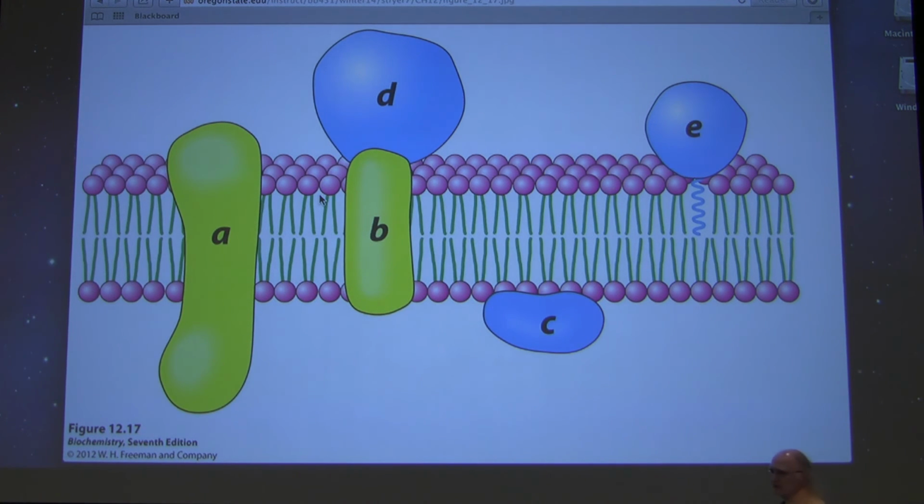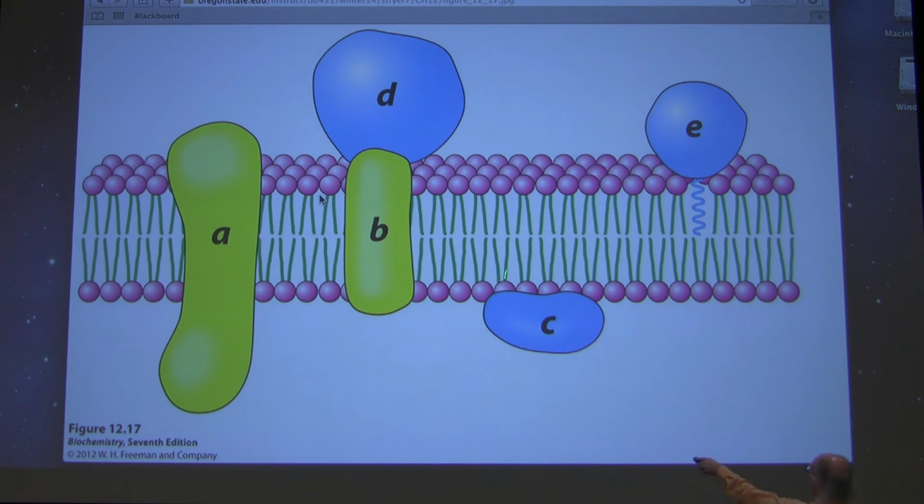Something that goes across both layers of the lipid bilayer, like A and B do, is called an integral membrane protein. An integral membrane protein is very difficult to remove from the membrane because it's stuck inside of there.